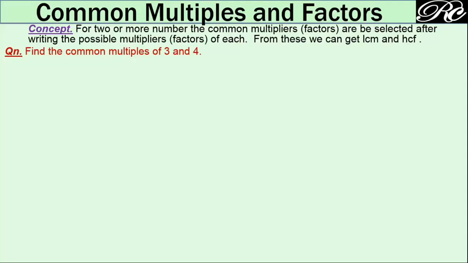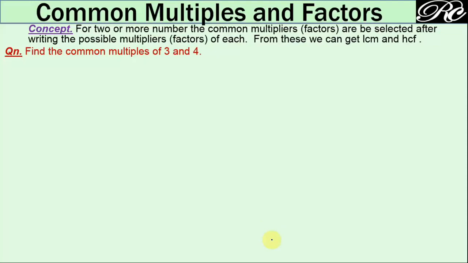From this we can get the lowest common multiple or highest common factor. Let's take one question to understand this. Find the common multiple of 3 and 4.